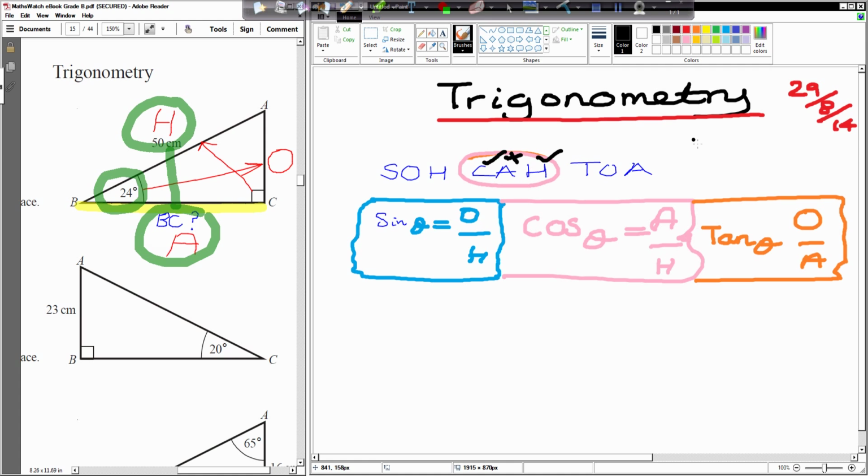This is called the two ticks and one cross. So we know two pieces of information and we're missing the third one, and that's a good situation to be in where we only have one unknown. So we're going to be using the cos identity for this question.